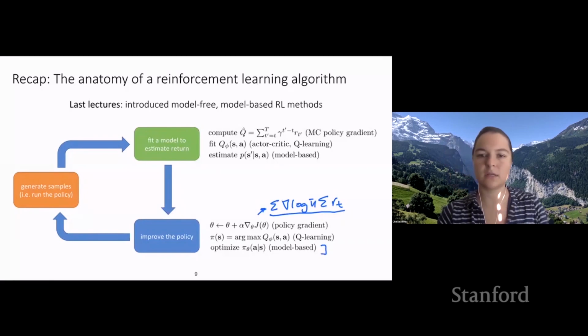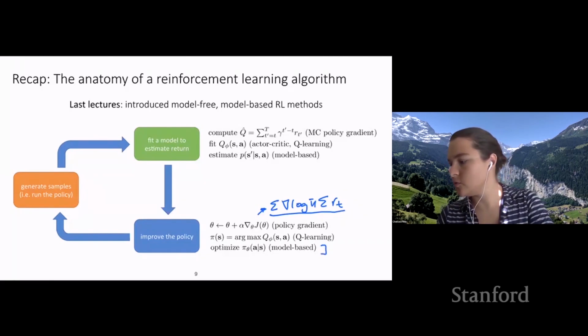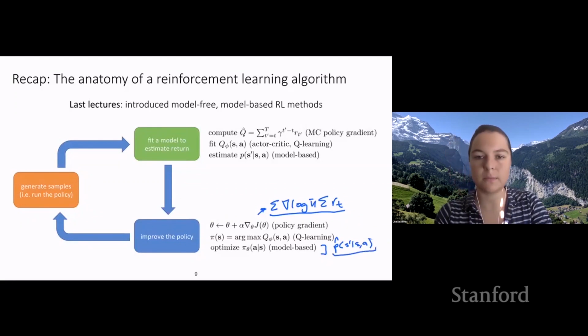With a model-based method, like we talked about in the lecture on Monday, you train a neural network to model your dynamics and potentially your reward. Then you use this learned model to update your policy or to plan actions.